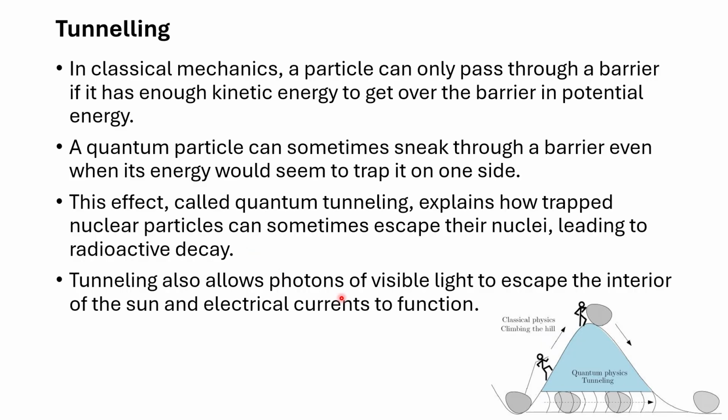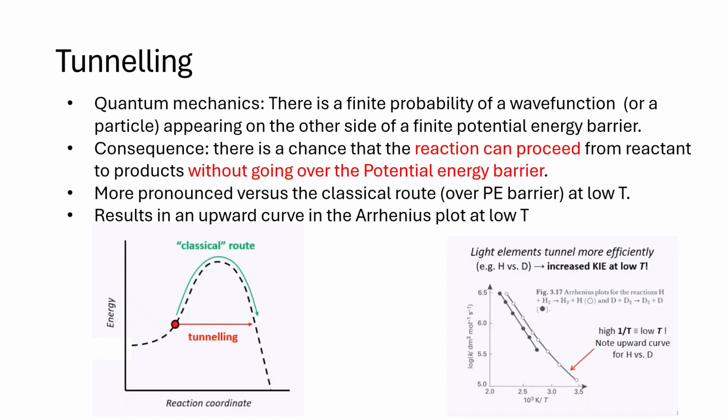Tunneling also allows photons of visible light to escape the interior of the Sun and electrical currents to function. So for some abnormal kinetic isotope effects, the values will deviate from the classical prediction.